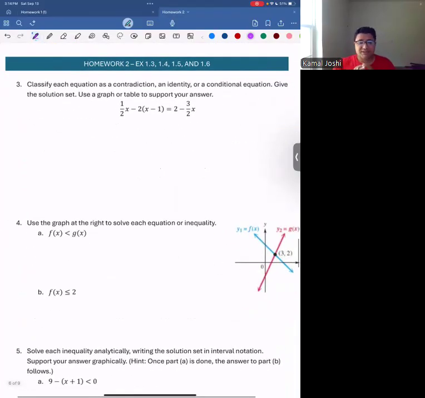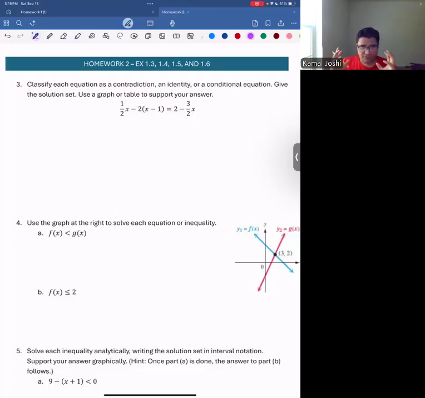Next, classify each equation as a contradiction, an identity, or a conditional equation. So, three things, right? If you get both sides which are clearly not true, like 0 equal to 1 or anything like that, without x, that is a contradiction.